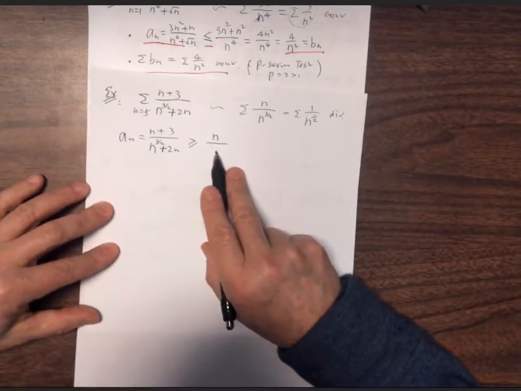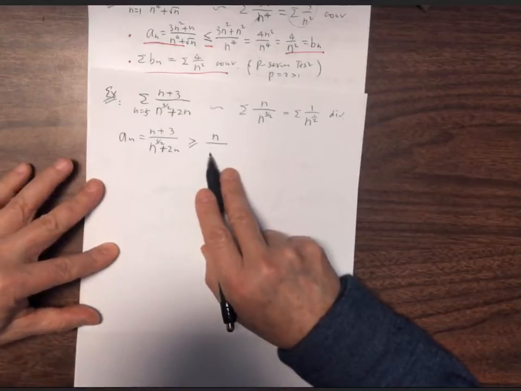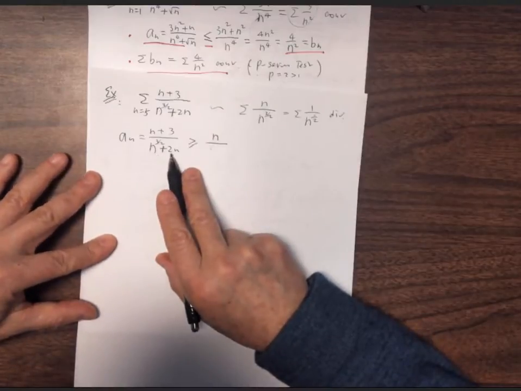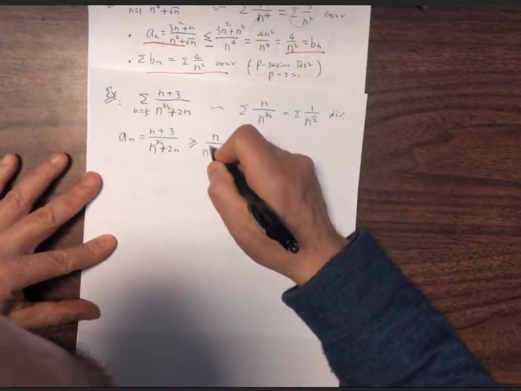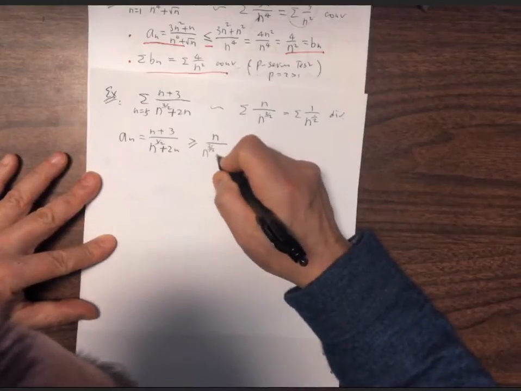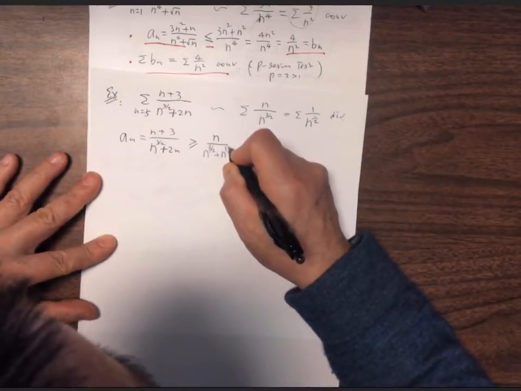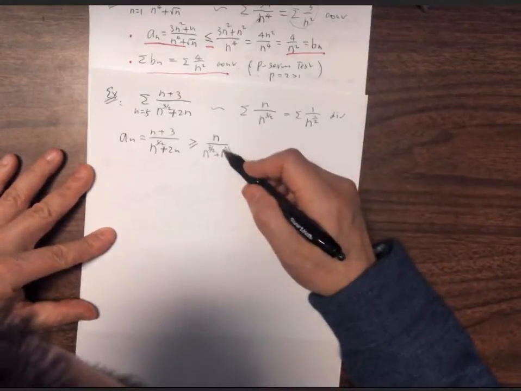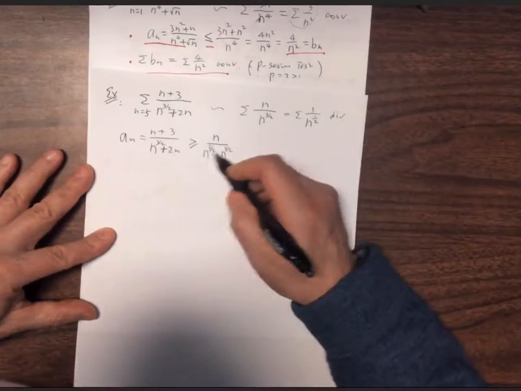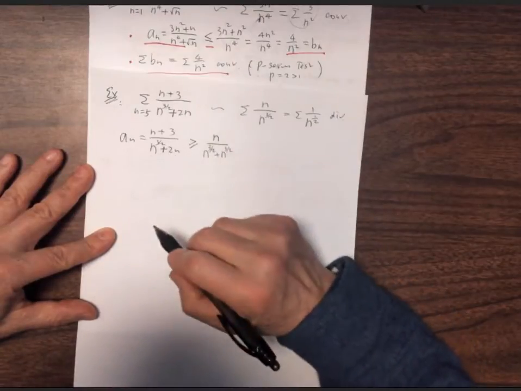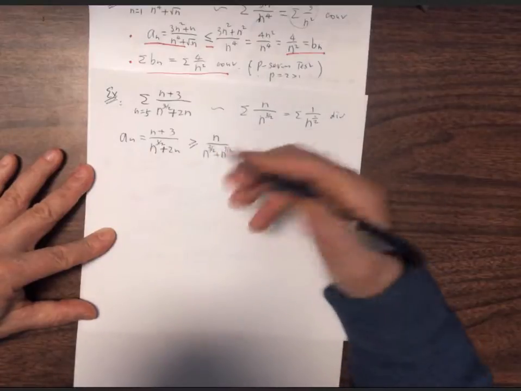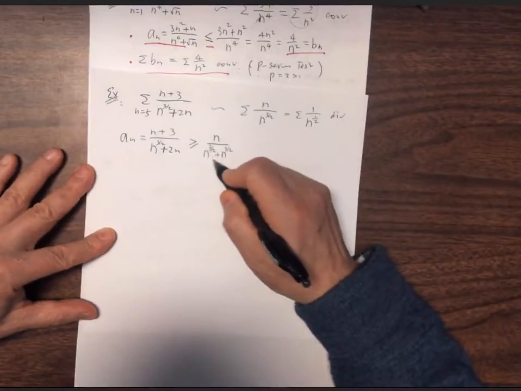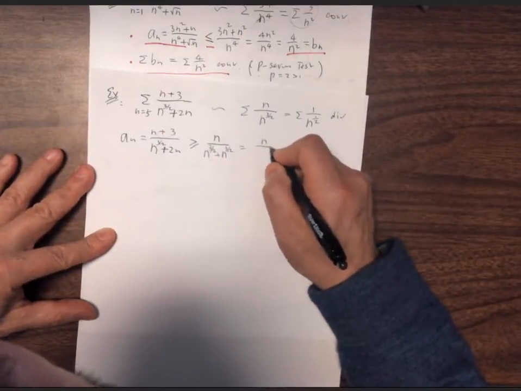I want to make the bottom bigger, right? And then I cannot drop the 2n anymore this time. Well, it's a trick we applied before. I can replace the 2n by n to the 3/2 power, because when n is large, this is more than that. Therefore, the sum is more than that. The bottom is bigger, top is smaller, so the fraction overall is smaller. Now, with this, I can combine the two terms on the bottom.